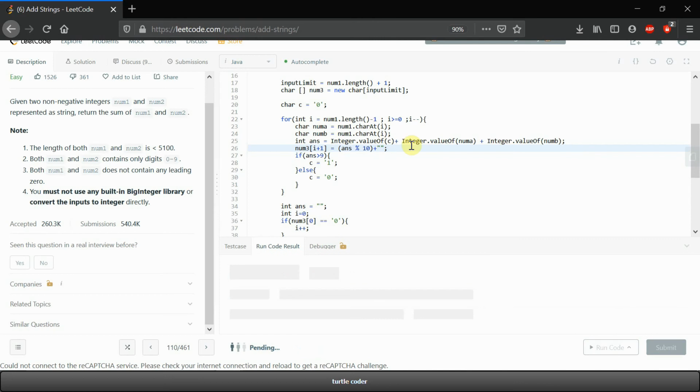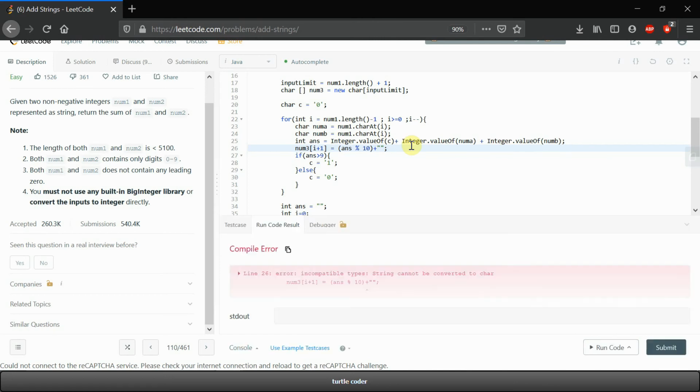If I convert this 8 into a string, a string cannot be converted to a char. So what should we do from here? One thing I can do, I think, is we can get a character just as an offset.